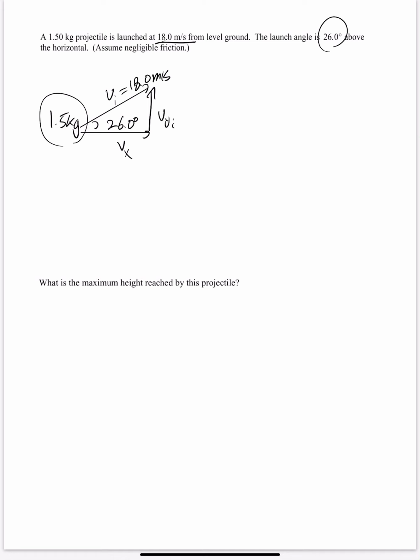Well, if you look at the trig ratios, SOHCAHTOA, cos 26 degrees is equal to adjacent over hypotenuse, which is Vx over Vi, and if we rearrange the formula, we get 18 cos 26 degrees equals Vx.